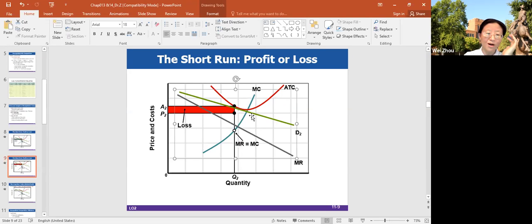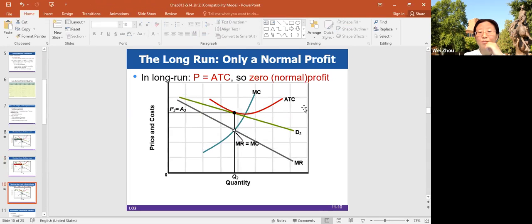So no matter what, in the long run for monopolistic competition, we will find where this is the price, this is the output level, decided by marginal cost intersecting with marginal revenue. That is where you want to produce. And this is the price, but you notice that price is the same as average total cost.